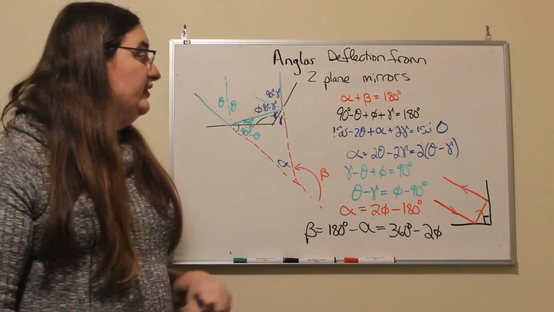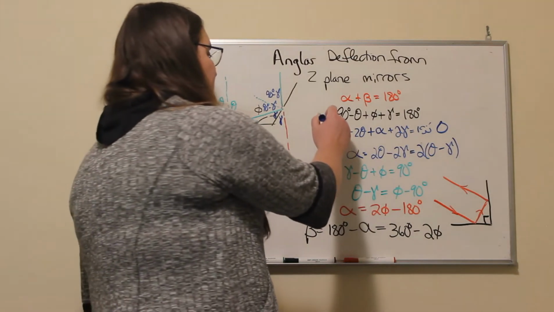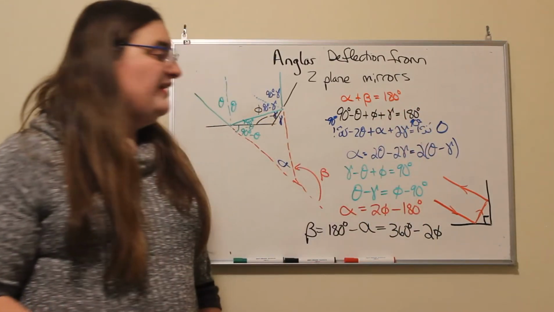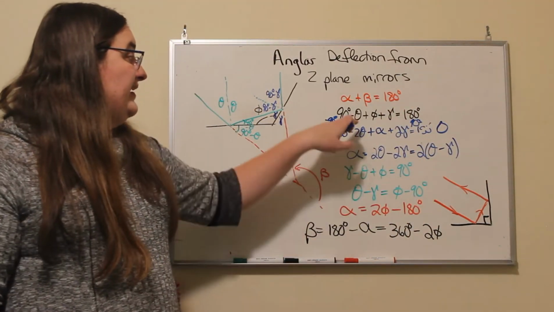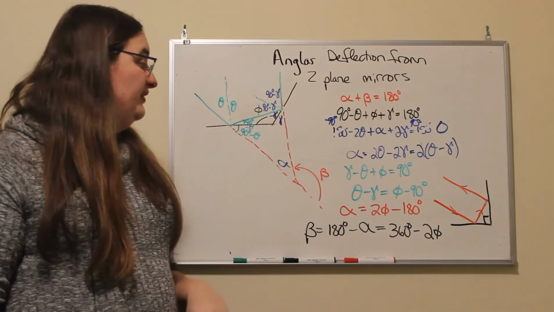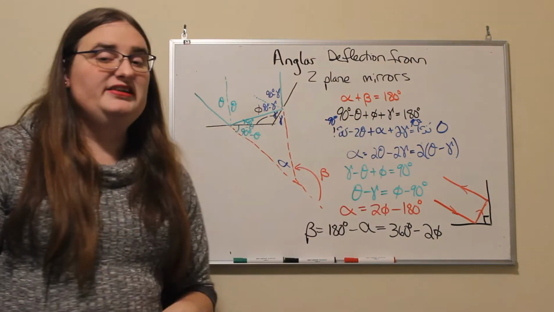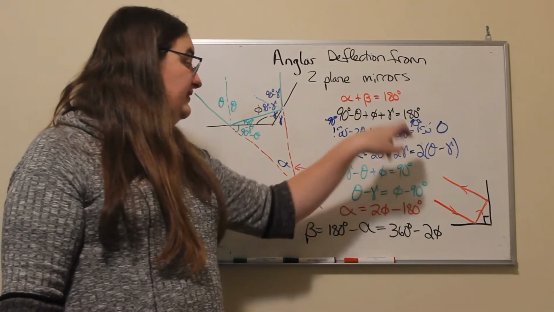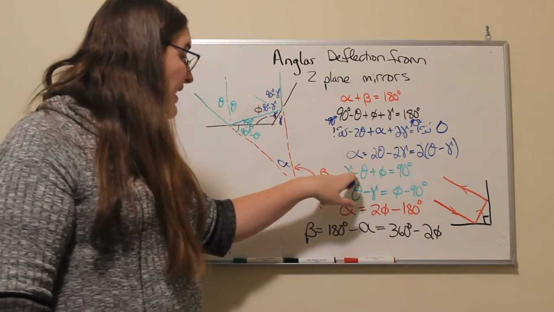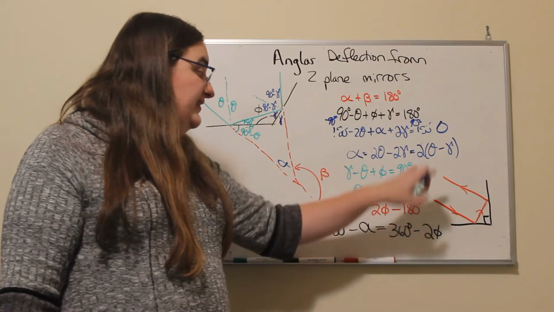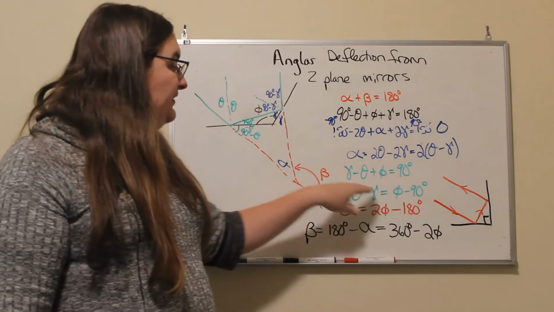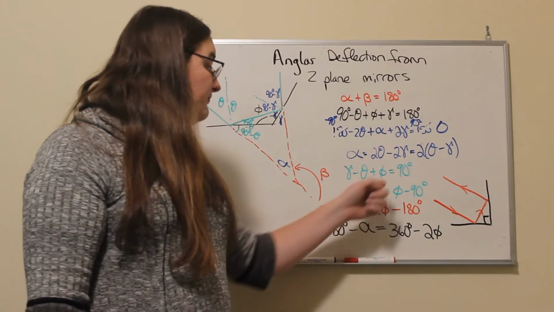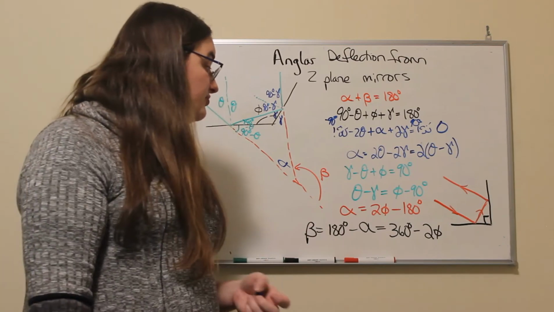So, let's take a look at our next triangle. So, again, I can subtract 90 degrees to get one measurement of angle on each side, and then I have gamma minus theta plus phi is equal to 90 degrees. Well, if I subtract theta from both sides, subtract gamma from both sides, and then subtract the 90 degrees, I can rearrange that equation to say theta minus gamma is phi minus 90 degrees.